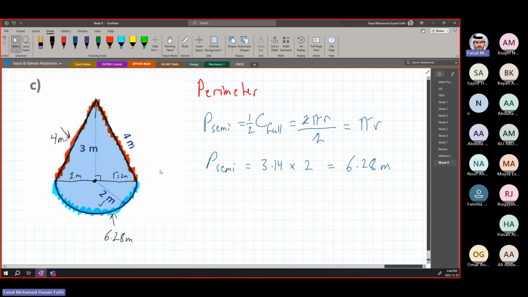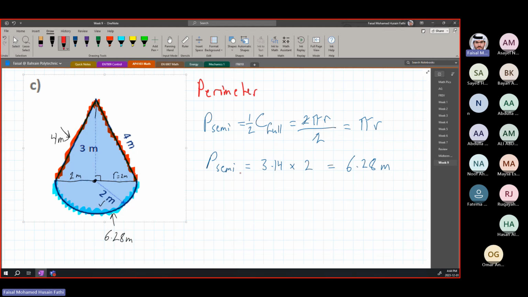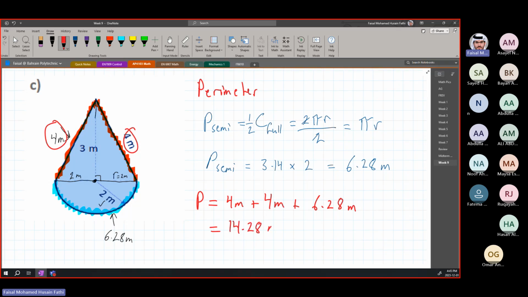And now we have all the sides. Simply, we can just find the perimeter directly now. Perimeter is equal to first side, 4 meters, plus second side, which is also 4 meters, plus 6.28 meters, which is equal to 4 and 4 is 8, 8 and 6 is 14.28 meters. Done.